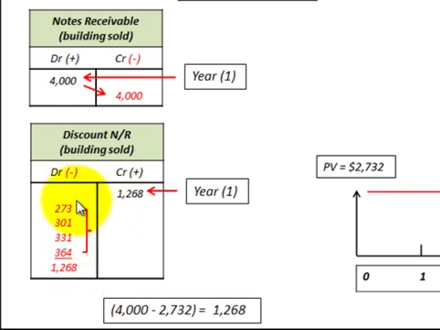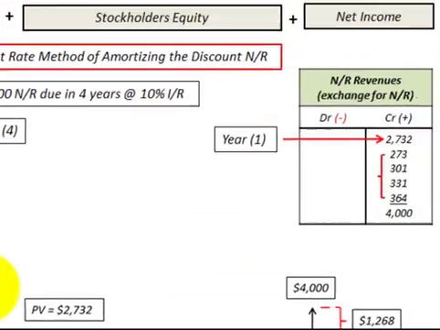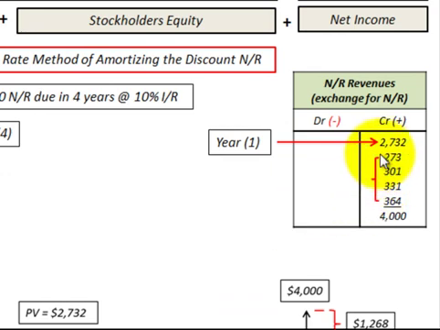If we look at our debit entry here, reducing the discount on notes receivable, that debit entry would be matched by the credit entry, or the increase in our revenues, on the interest received. So those would be our credit entries for each of the interest earned for each of the next 4 years.